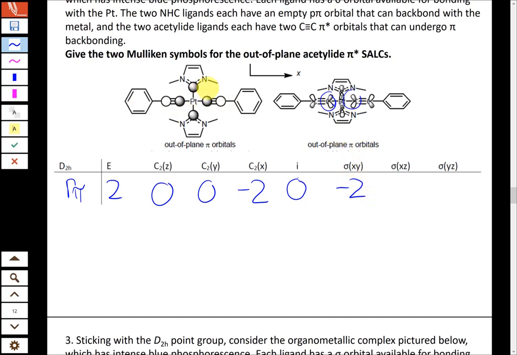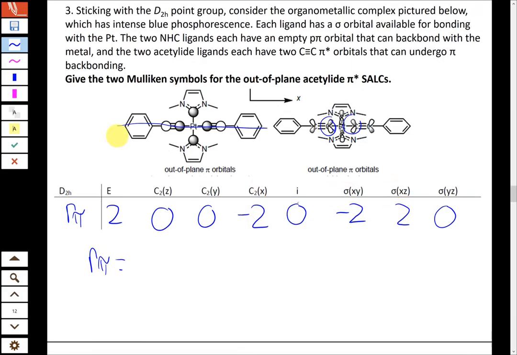For the xz plane, we get a character of +2 because those orbitals are in that plane. And then for yz, we reflect them onto each other, so we get a character of 0. So to reduce this representation, we need characters of -1 for x and xy, and a character of +1 for xz.